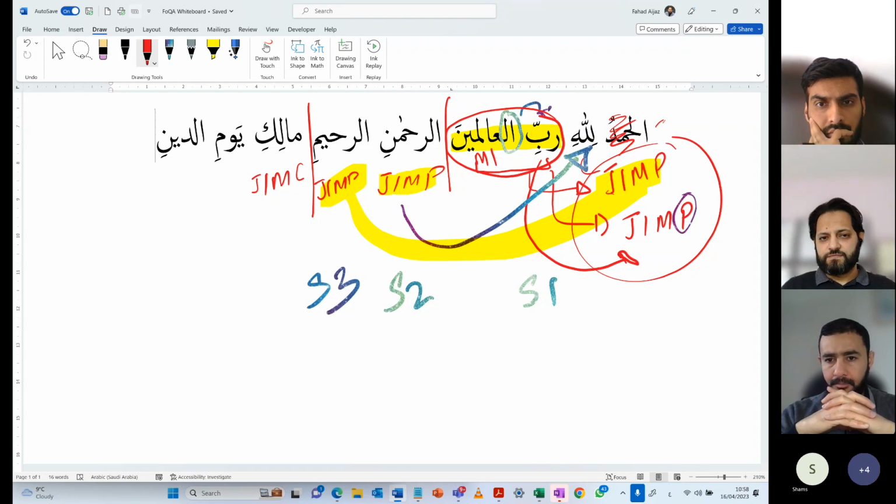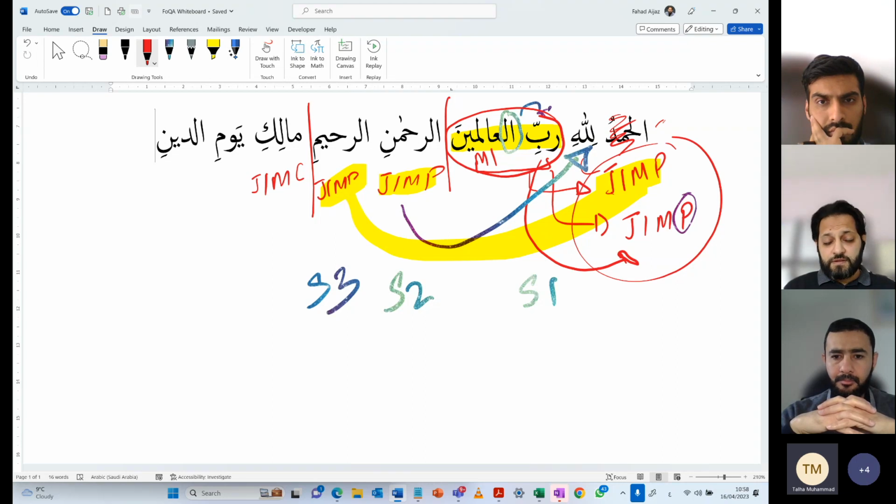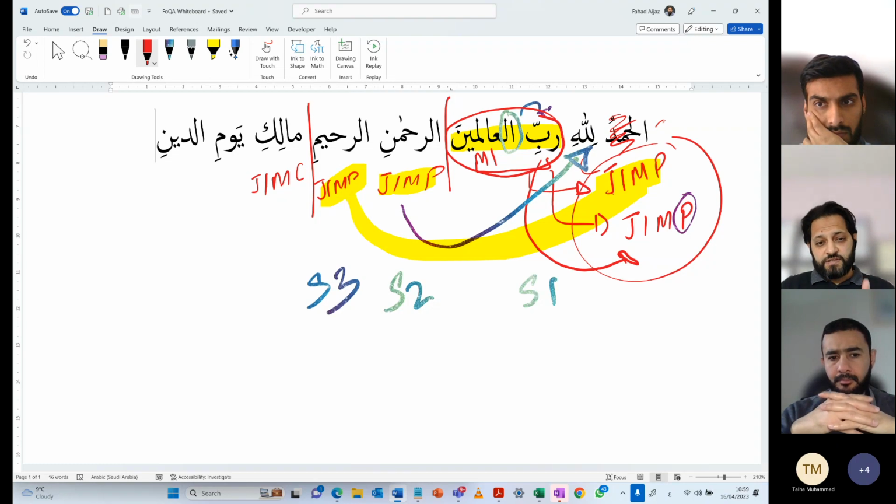I think there was something with kasra, there was a rule for it. Partly flexible is never heavy, which this is not, but it also doesn't take a kasra in the end. Partly flexible isms never take kasra, and this is taking kasra. So it can't be partly flexible.